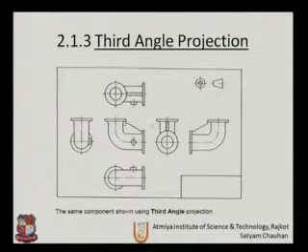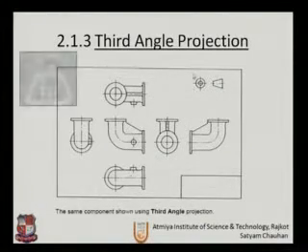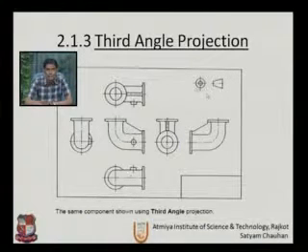Let us see the example of the same drawing which is drawn in the third angle projection. As we have seen, the third angle projection symbol is changed here. So this is the symbol for the third angle projection.